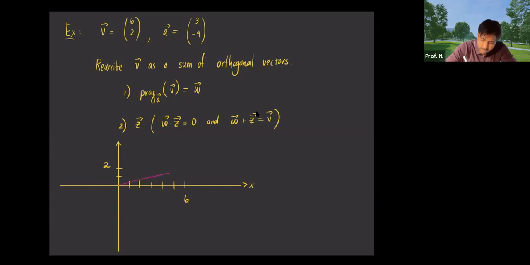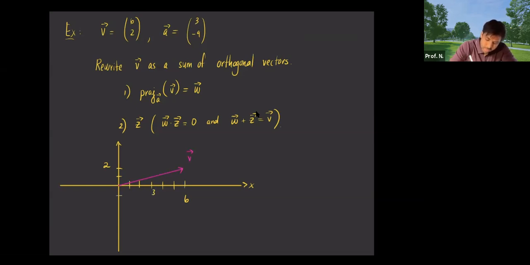So this here is my vector V. And then my vector A is 1, 2, 3, but negative 9.